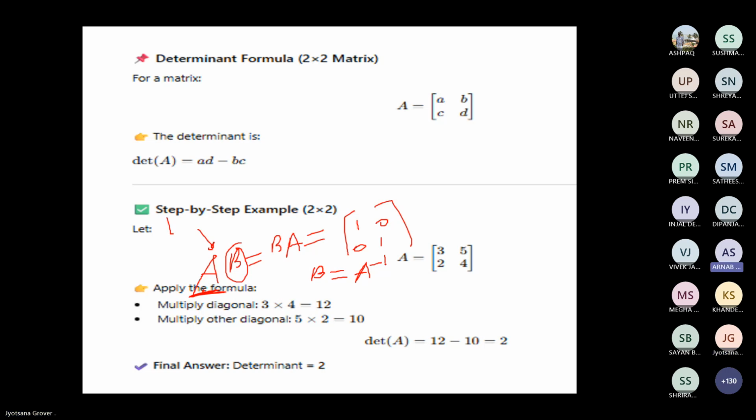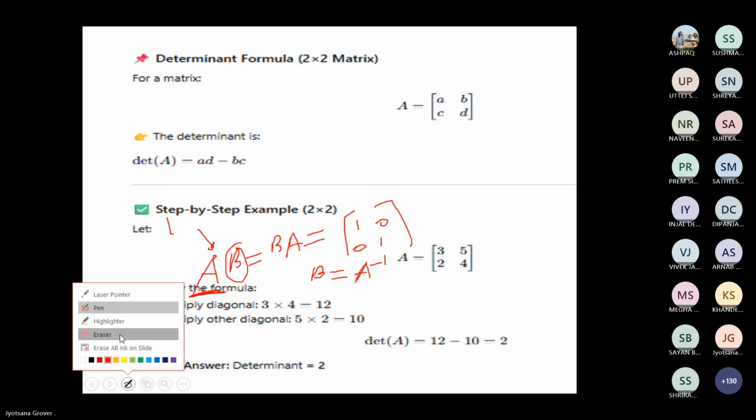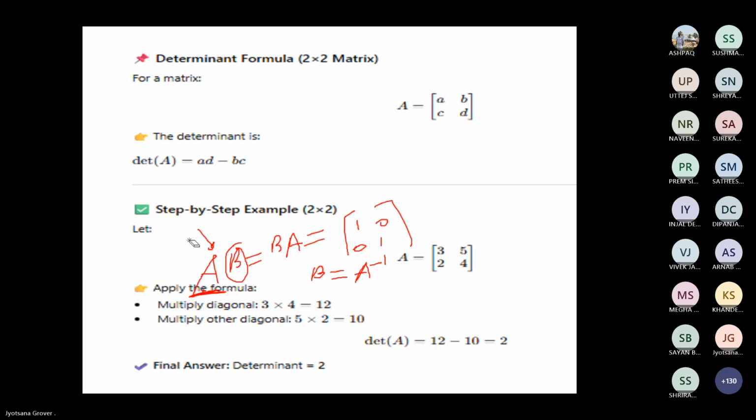Ma'am, can you please repeat once again? Okay. I'm saying that here, for example, determinant A, you are getting it to be non-zero. It's 2. It can be negative, positive, but it is non-zero. So it means A is invertible, so its inverse will exist.